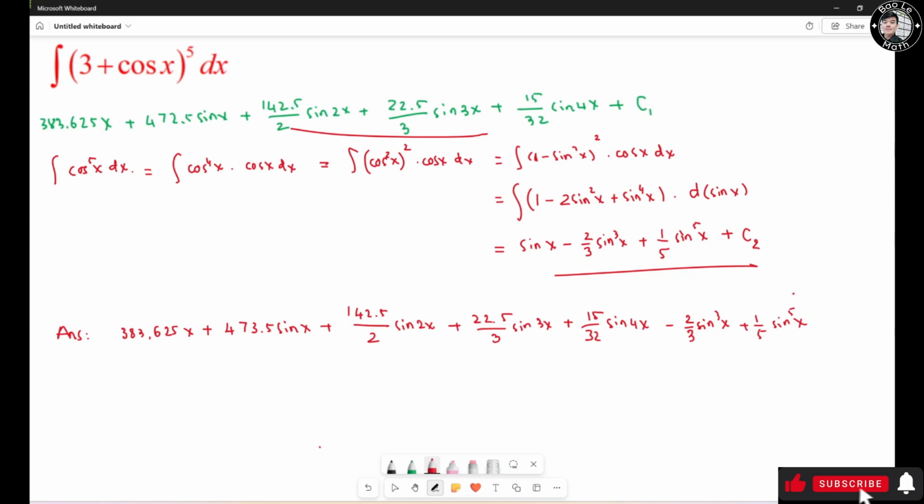Alright, C1, C2, I just combine them as a C. And this is the final answer.